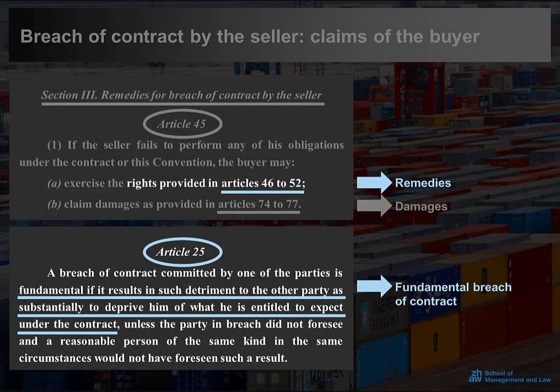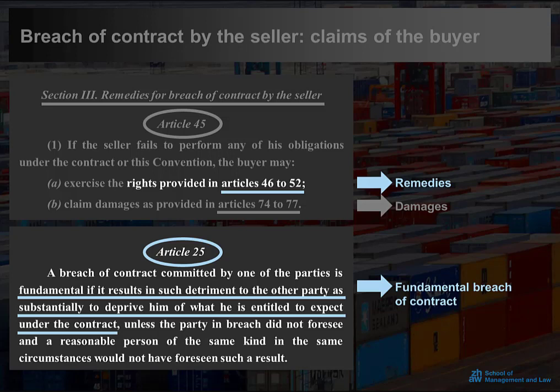And here at the bottom of the slide, you have the text. According to Article 25, a breach of contract committed by one of the parties is fundamental if it results in such detriment to the other party as substantially to deprive him of what he is entitled to expect under the contract.